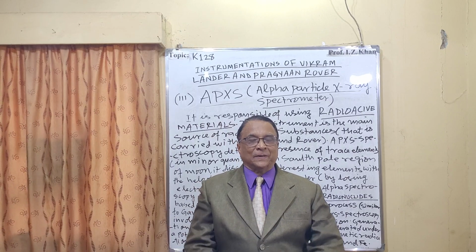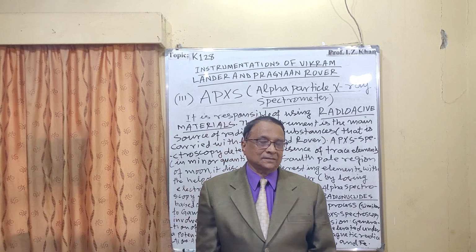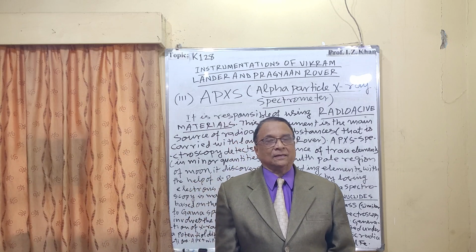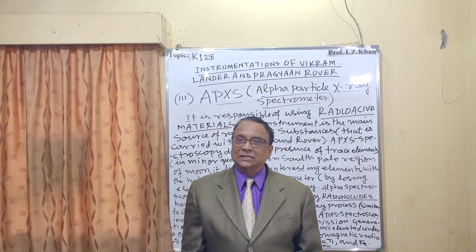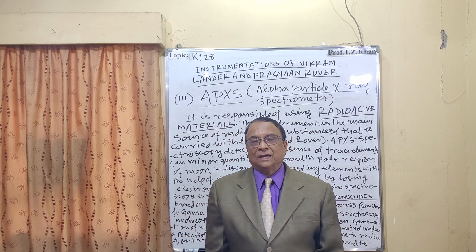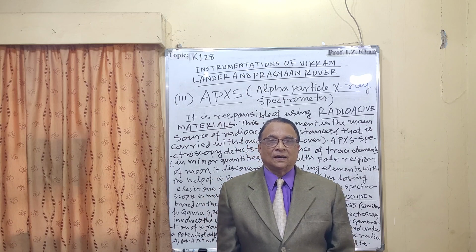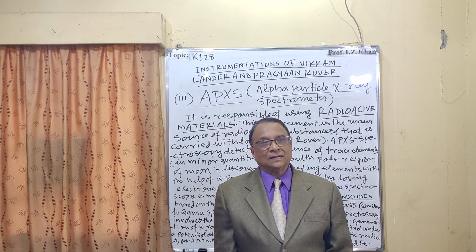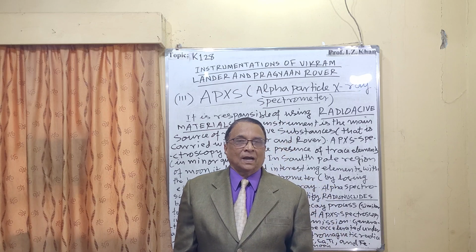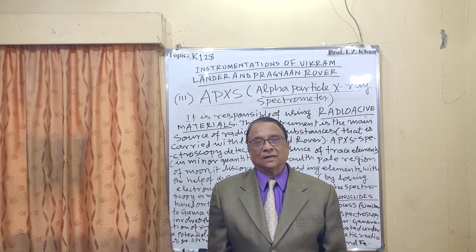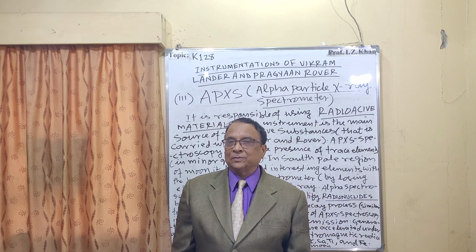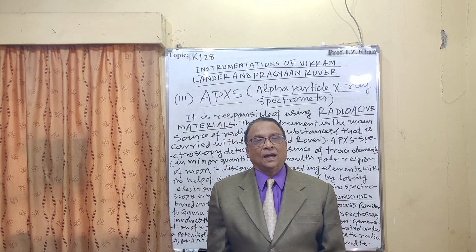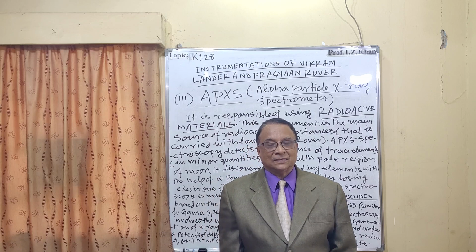Now the third spectroscopy, that is APXS spectroscopy, that is alpha particle X-ray spectroscopy. And this spectroscopy here works by the presence of radioactive material which is inbuilt in Chandrayaan, that is in Vikram and rover, and they are producing the radioactivity, and that radioactivity is responsible for knocking down, exciting the electron, and in this way the X-ray is generated.